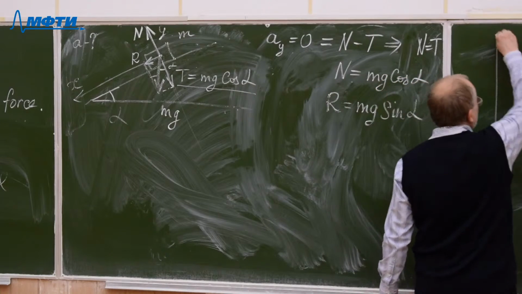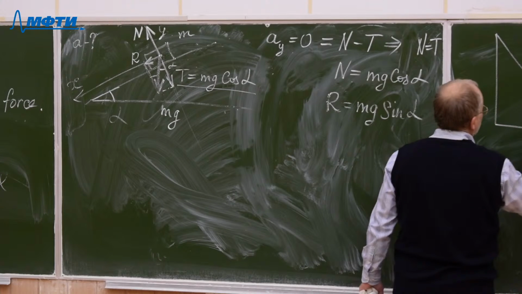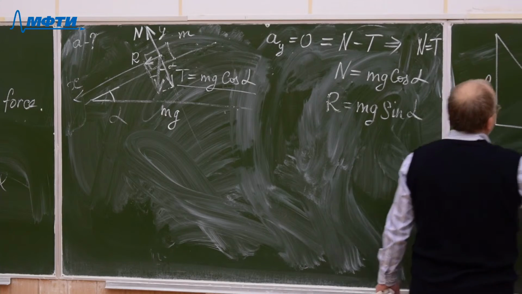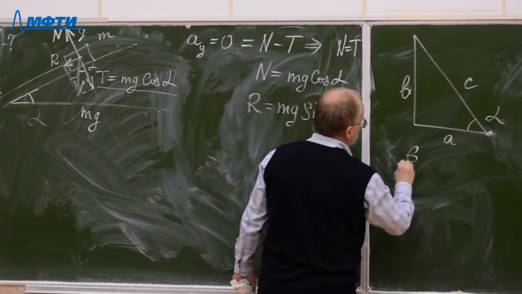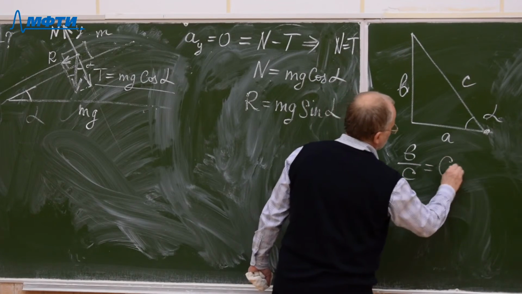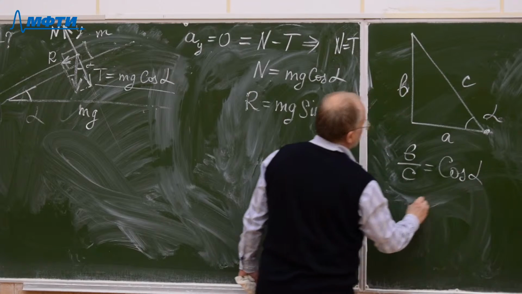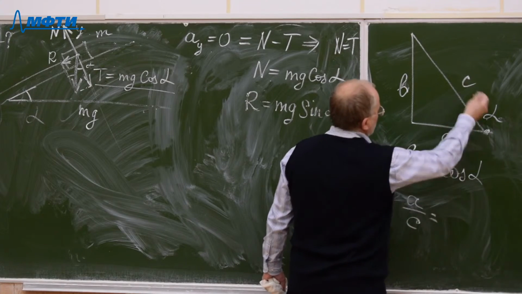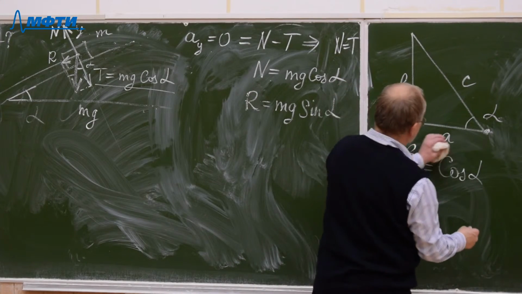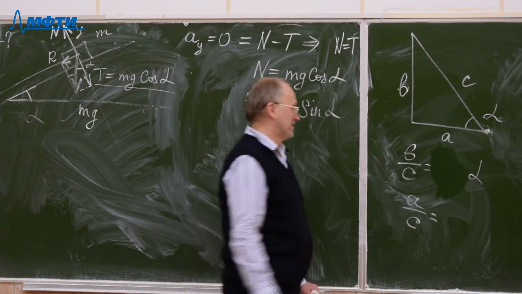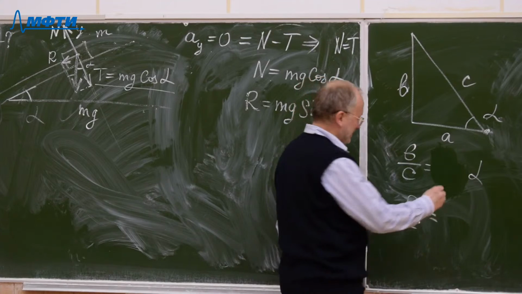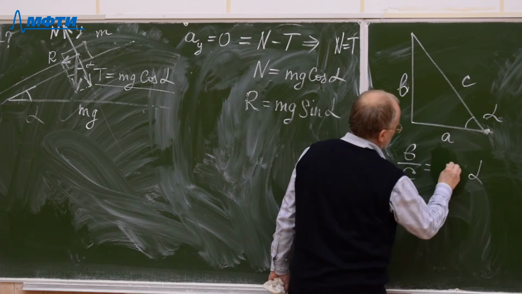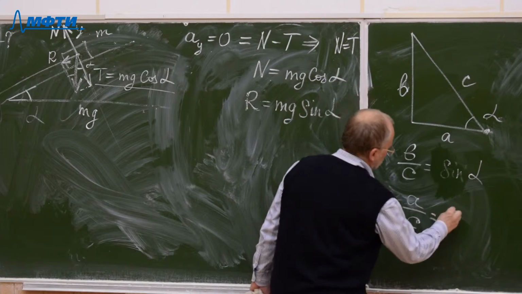If you have a right triangle with sides A, B, C, and this angle is alpha, then B divided by C by definition is cosine alpha, and A, the adjacent leg, divided by C. Sorry, the first mistake. This is B over C is sine alpha, and here is cosine alpha.